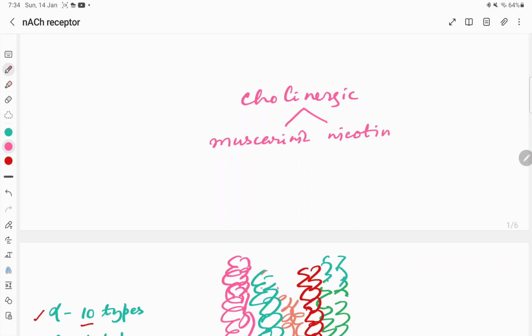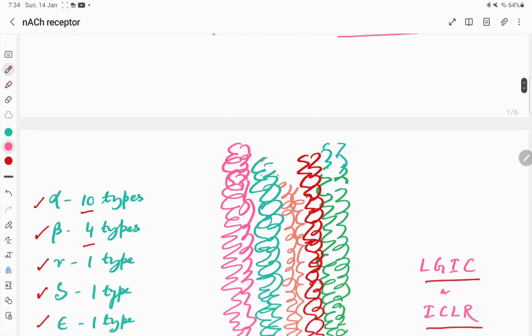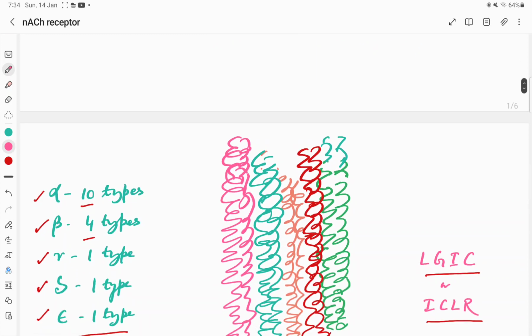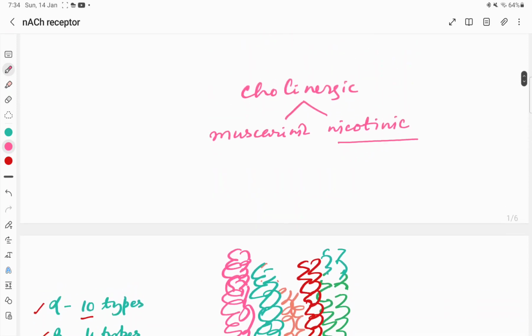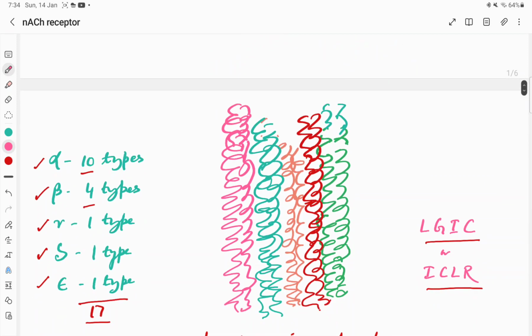So we are going to study about this nicotinic acetylcholine receptor today. You can refer to our earlier classes on M1 receptor, M2 receptor and M3 receptor.